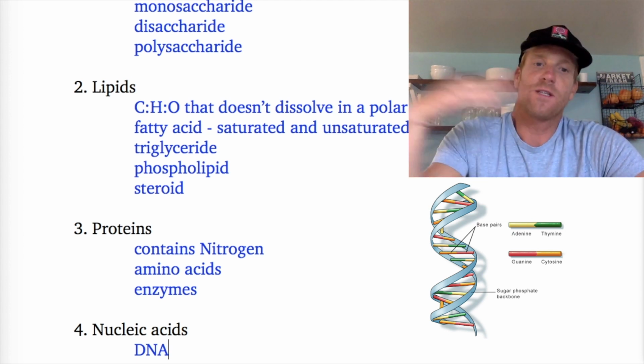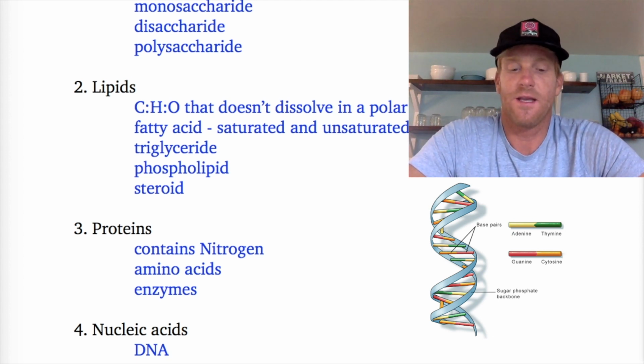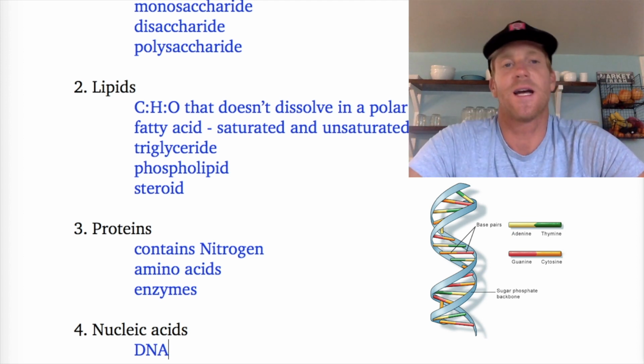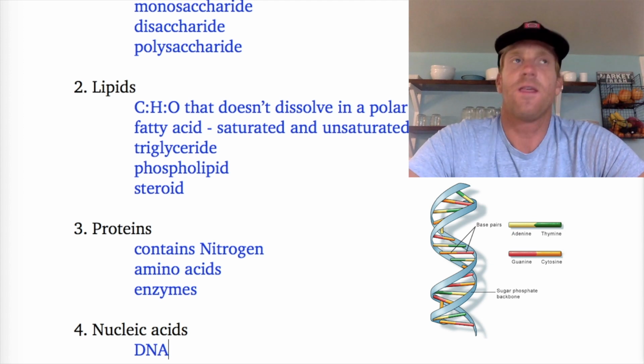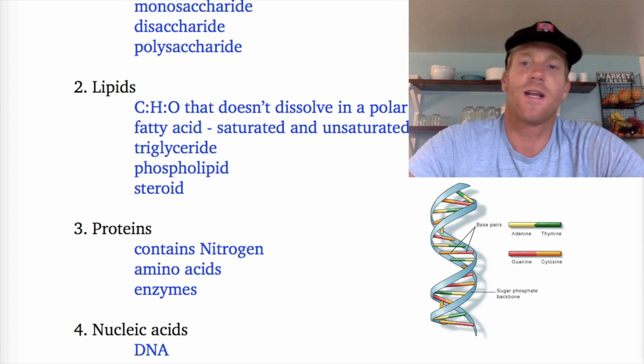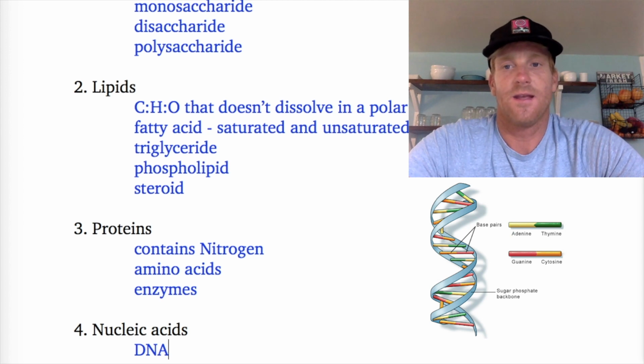The order of these nucleic acids is a code that basically gives the cell a recipe book for every protein that cell needs to make. So think of nucleic acids as the parts of our genetic code, and our genetic code is really what tells the cell every protein that it will need to make in its life.